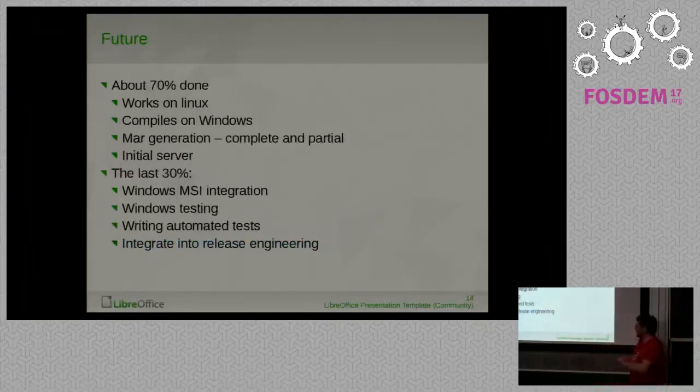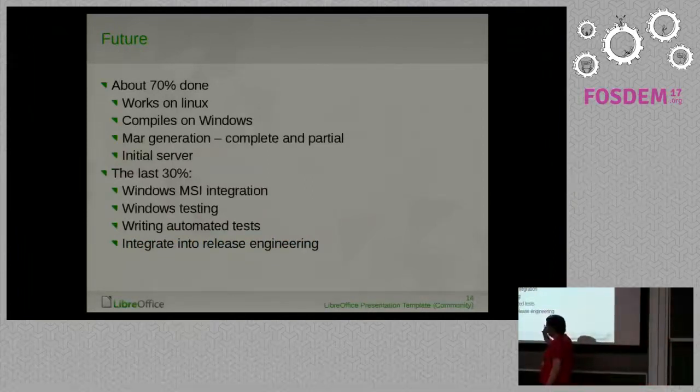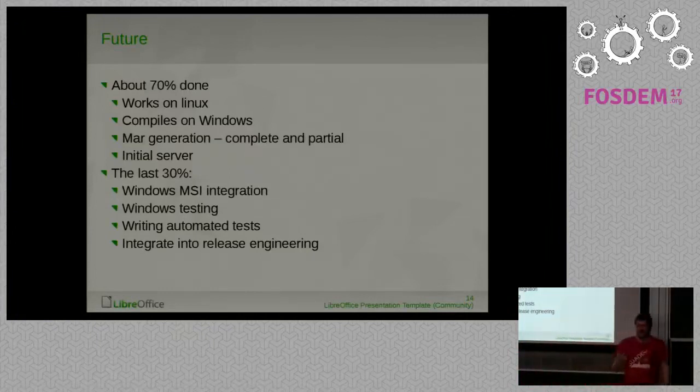So what's done? As I mentioned, it works on Linux. But on Linux, we can't yet update a LibreOffice installation that's installed into a secure location. I'm not sure if we ever will be able to, or if we want to. It compiles on Windows, so every part now compiles, even the update service.